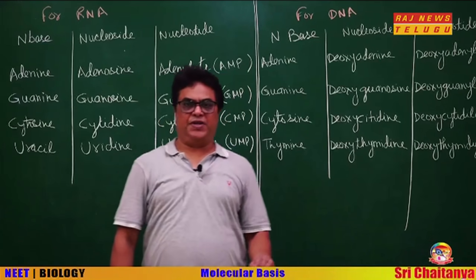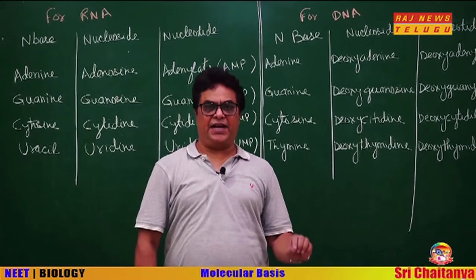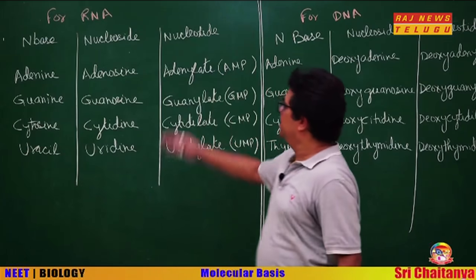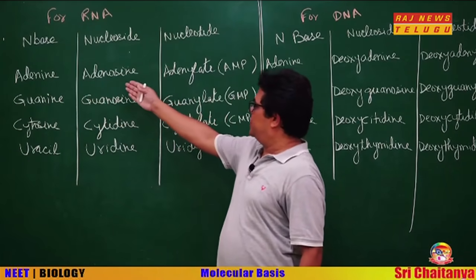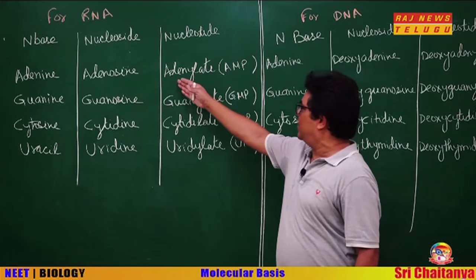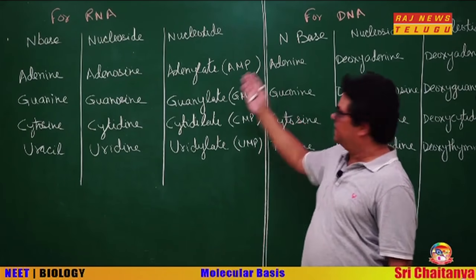Now you know the names of the nitrogenous bases, you know what is nucleoside, and you know what is nucleotide. So let us see this chart. For RNA, you see nitrogenous base adenine, so the nucleoside will be called adenosine and the nucleotide will be called adenylate, or you can say adenosine monophosphate.